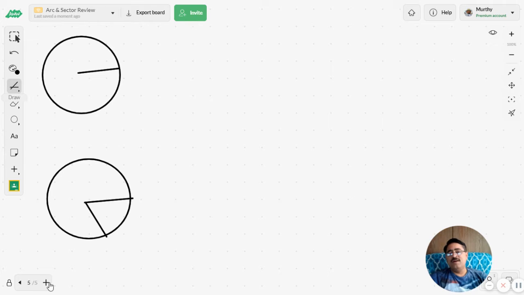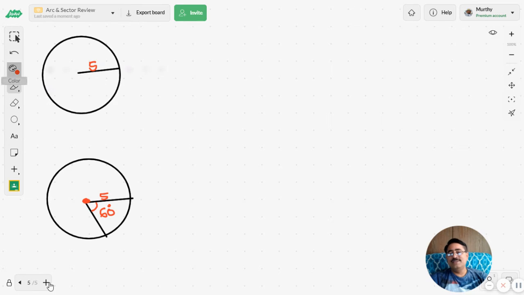I'm sorry, this is not the second diagram, the center is not properly plotted. Okay, let's say that this is 5 centimeters. This is also 5 centimeters. Now, the central angle is 60 degrees here, 60 degrees here.